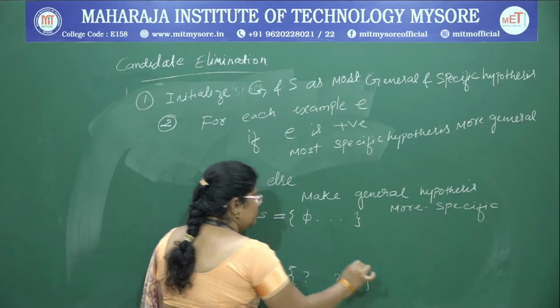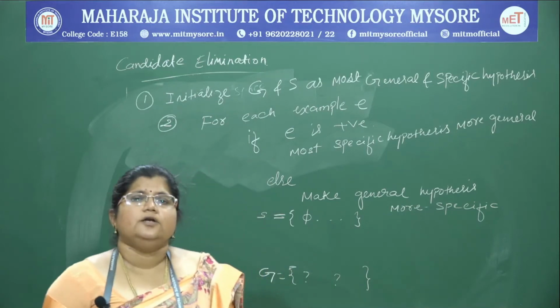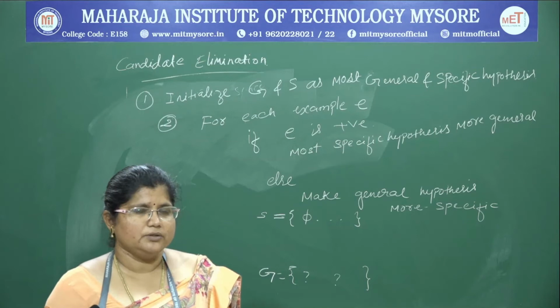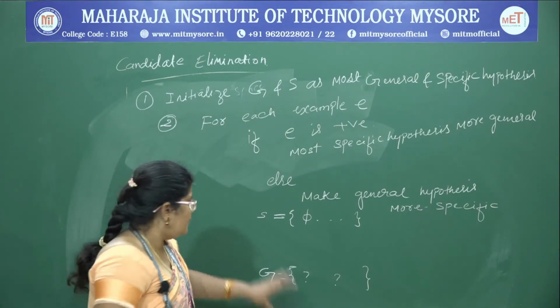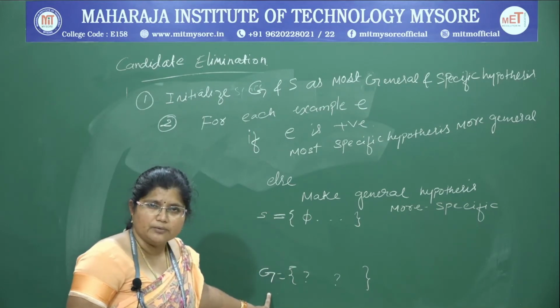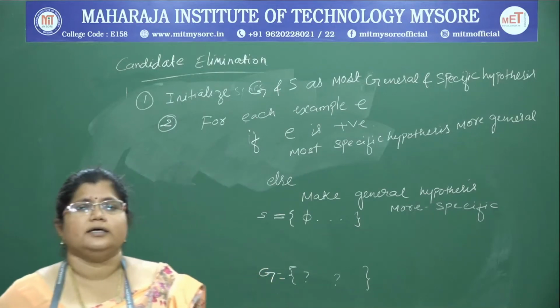You already know from the previous classes that phi indicates it does not accept any value, whereas the question mark accepts any value. So we need to create the most specific boundary and the most generic boundary. This is the first step in the candidate elimination algorithm.